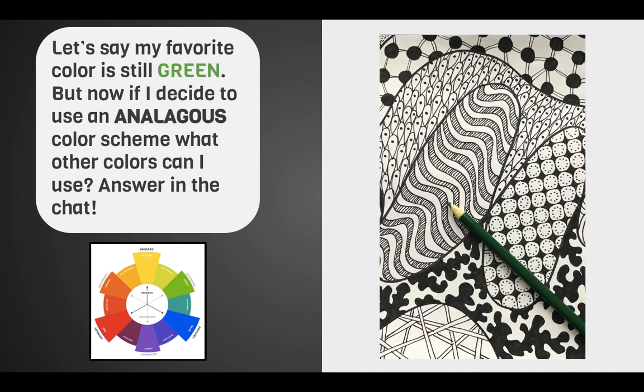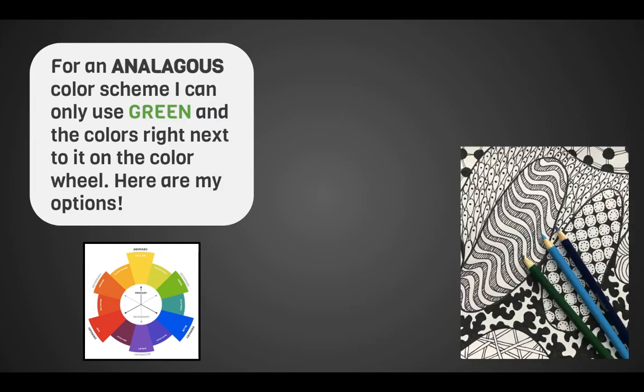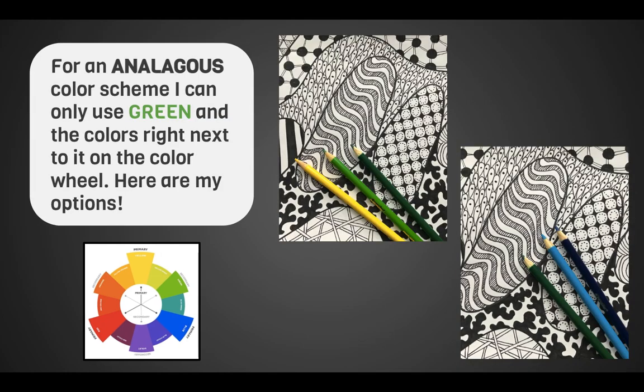All I can use is reds and greens. But let's try something else. If I still want to use green because it's my favorite color, but now I decide I want to use an analogous color scheme and I want to start with green, what other colors can I use? So you have some options here.